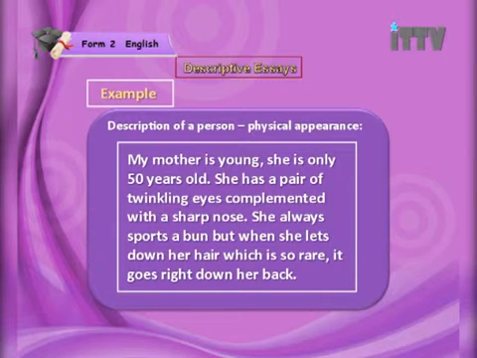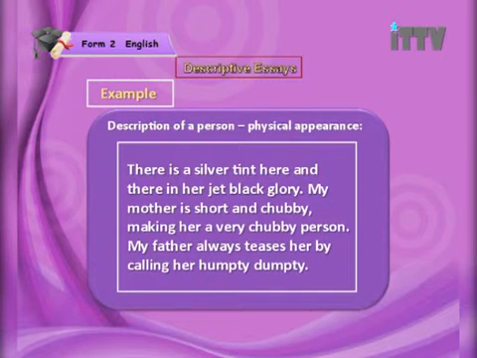She always sports a bun, but when she lets down her hair, which is so rare, it goes right down her back. There is a silver tint here and there in her jet black glory. My mother is short and chubby, making her a very chubby person. My father always teases her by calling her Humpty Dumpty.